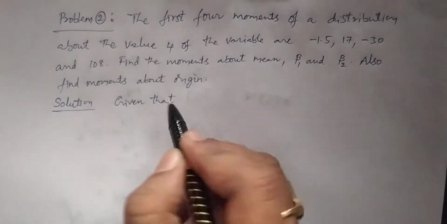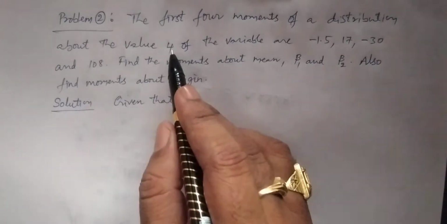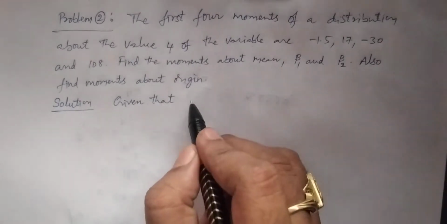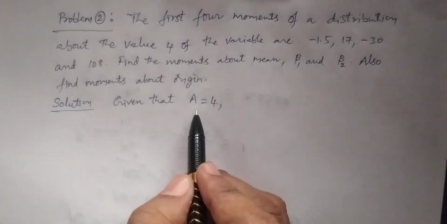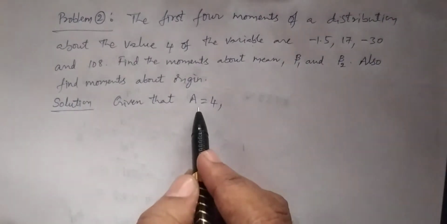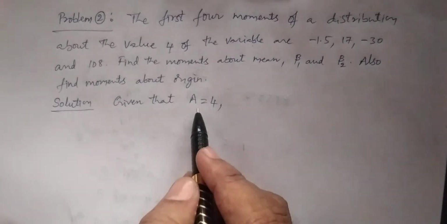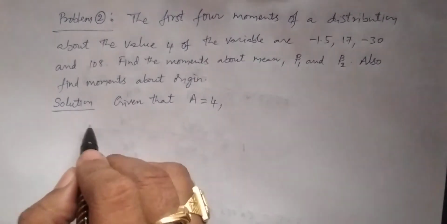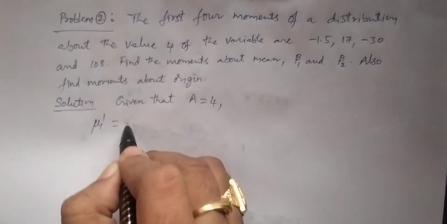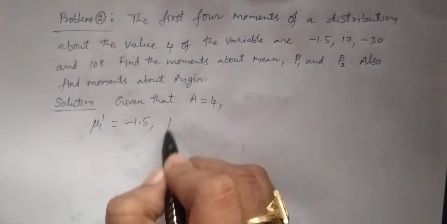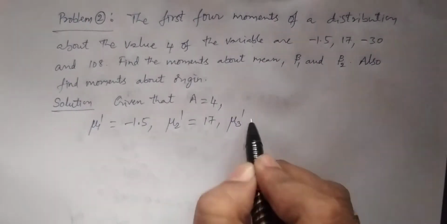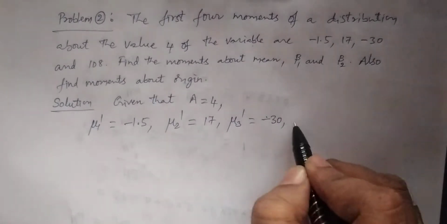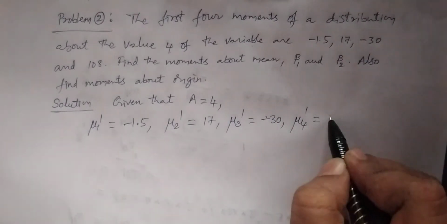Given that, here you see the value 4, therefore I am writing a is equal to 4, and corresponding to the value a is equal to 4, the moments which are given, which means which are non-central moments, I am writing as mu1 dash is equal to minus 1.5, mu2 dash is equal to 17, mu3 dash is equal to minus 30 and mu4 dash is equal to 108.